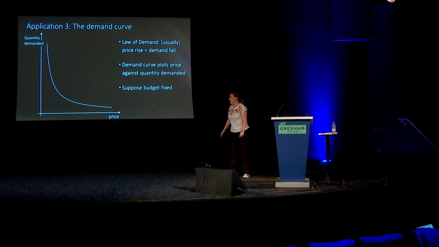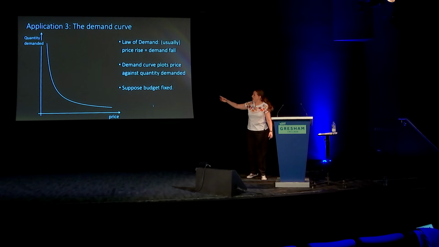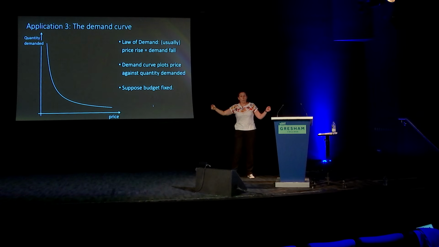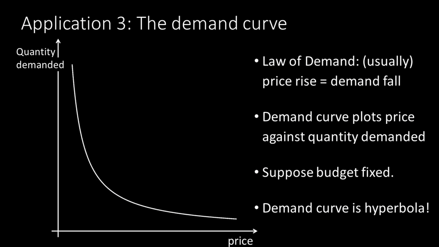So if you take any point on the demand curve, say this point here, imagine drawing a rectangle underneath it. So we were doing our tidying rectangles. A rectangle underneath there, the width of that rectangle will be the price per sweet, and the height of the rectangle will be how many sweets get sold. So the total spend on sweets will be the price per sweet multiplied by the number that gets sold, and that gives you the area of the rectangle, right?